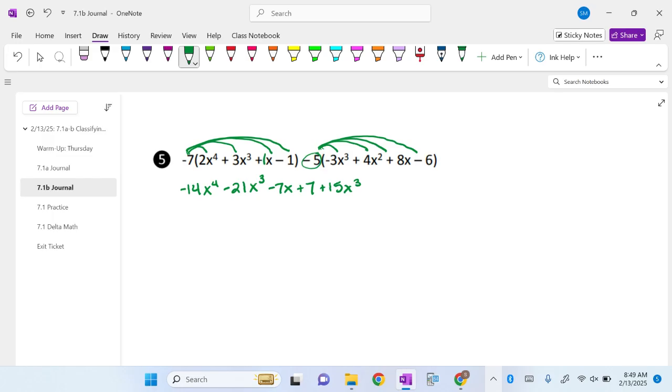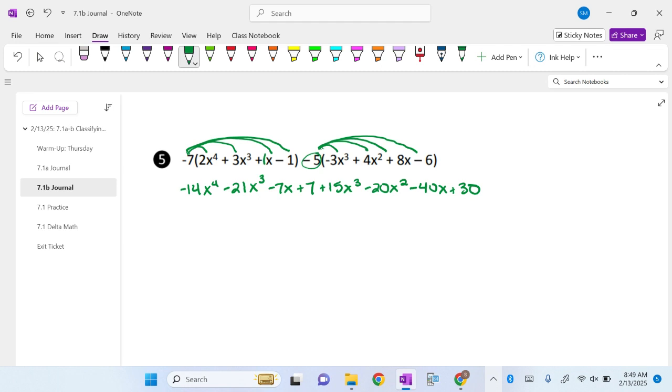What's negative 5 times 4x squared? Negative 20x squared. Negative 5 times 8x is negative 40x. Negative 5 times negative 6 is positive 30. So, a lot going on there. A lot of terms. But now we're in our combining phase.